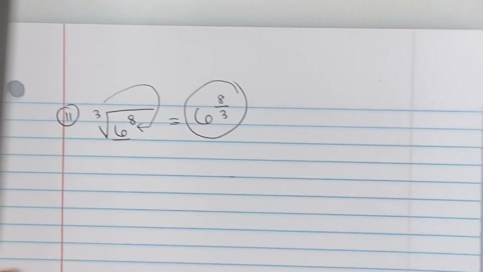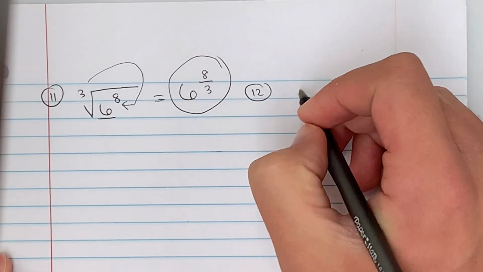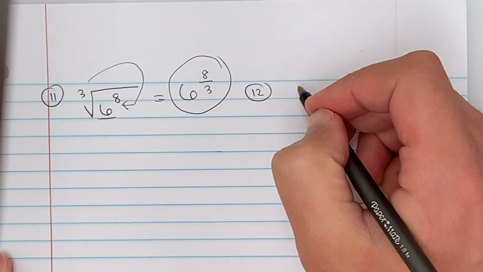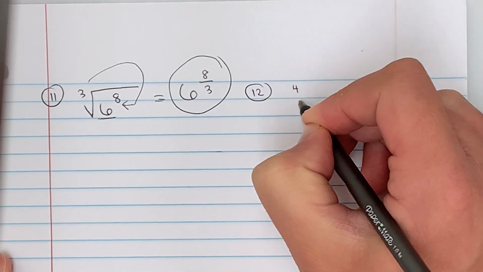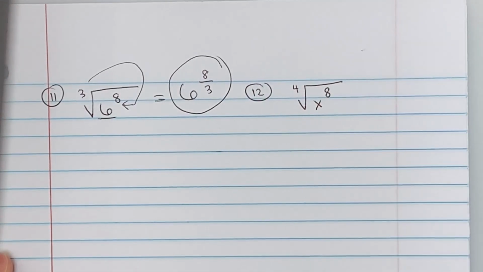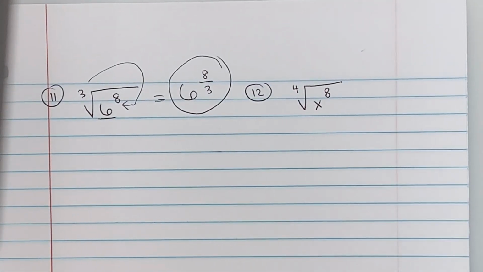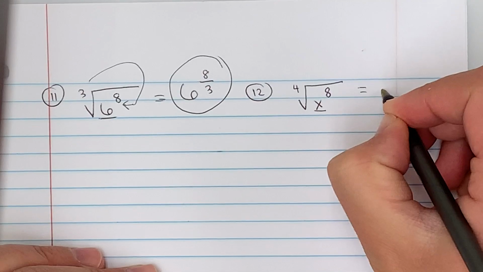All right, let's look at another one. Let's say I have the 4th root of x. We'll make this one an 8 again, and this is gonna have a little bit something different in there. All right, so same thing. This is gonna equal the main character, which is that x right there.